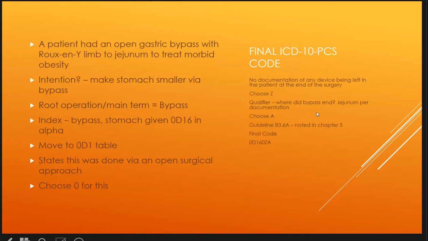In your textbook under guideline B3.6a, it says if in a bypass from the stomach to the jejunum, stomach is the body part and jejunum is the qualifier. So we're going to choose the qualifier value that reflects the jejunum, which is A. We end up with a code of 0D160ZA to reflect this procedure.